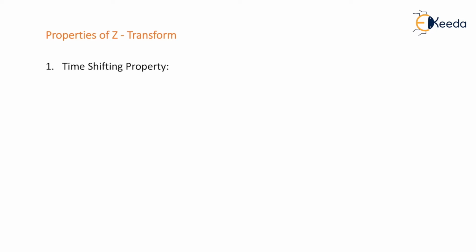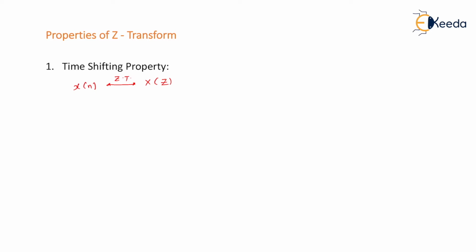Let's start with our very first property, that is called the time shifting property. For example, let's say we have signal x of n for which the Z transform is considered to be x of z.